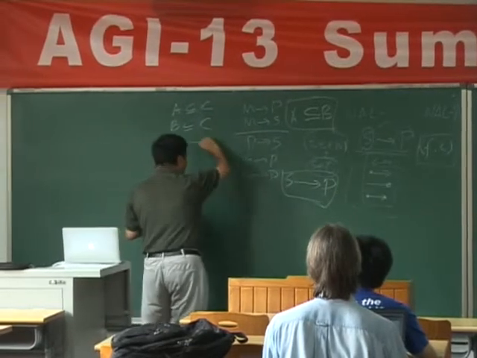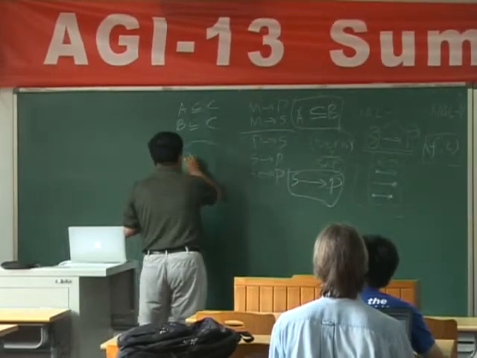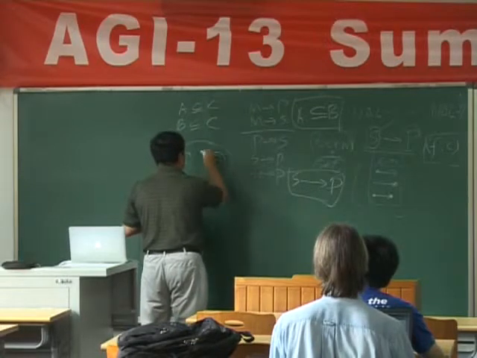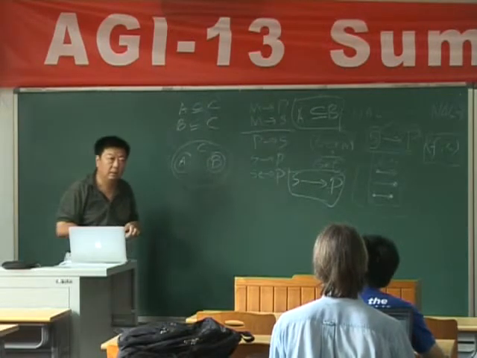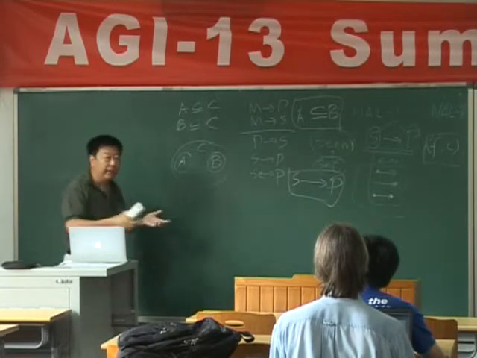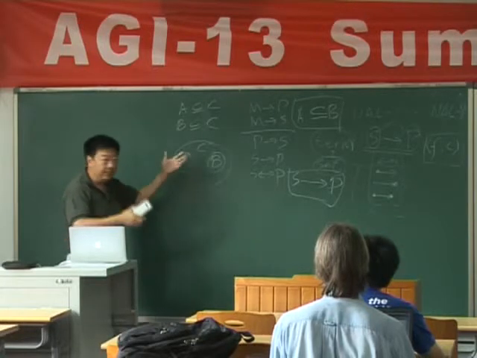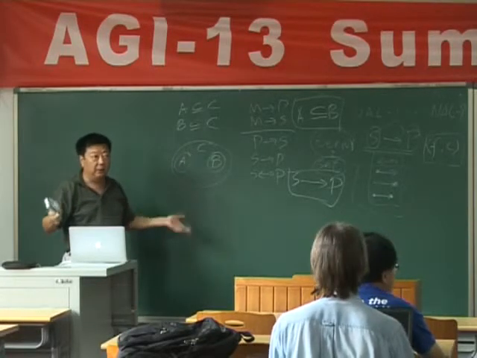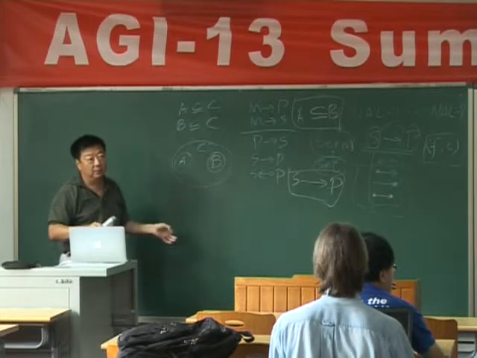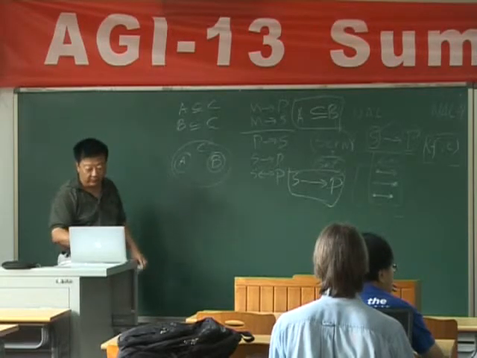Okay? In set theory, if you have A here, B here, C here, then can you use A as B? Well, in this picture, of course, completely no, right? There's no overlap whatsoever.